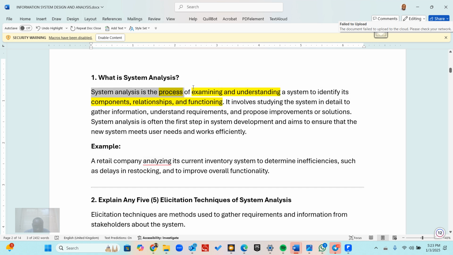So let's take this as the definition. Please let this stick because this is what the whole course is all about. Understanding the process of examining and understanding a system to identify its component, relationship and how they function.